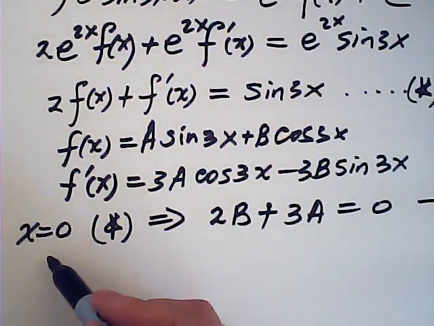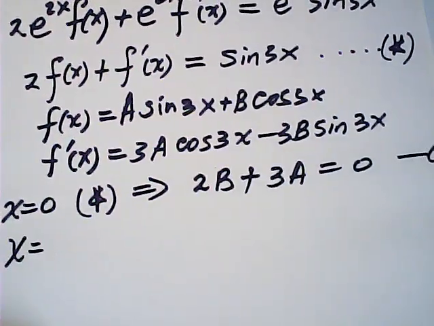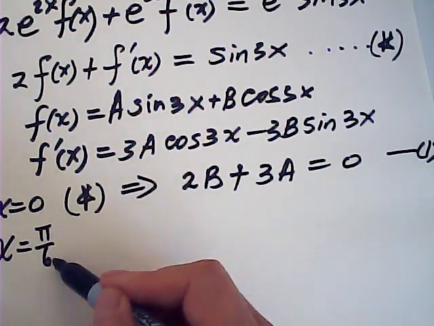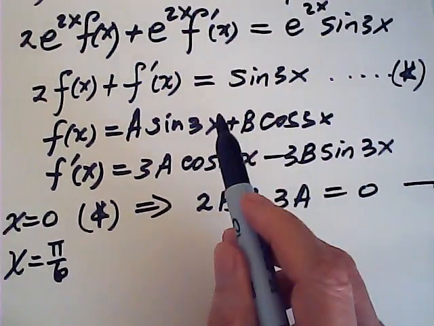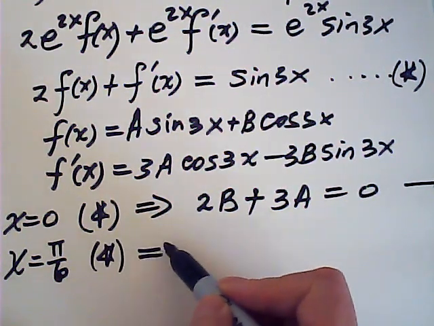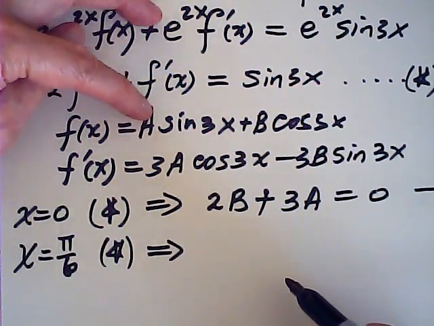Okay. Now let x be equal to, we pick an easy number to calculate. How about pi over 6? Then this star equation will become 2 times f of x.